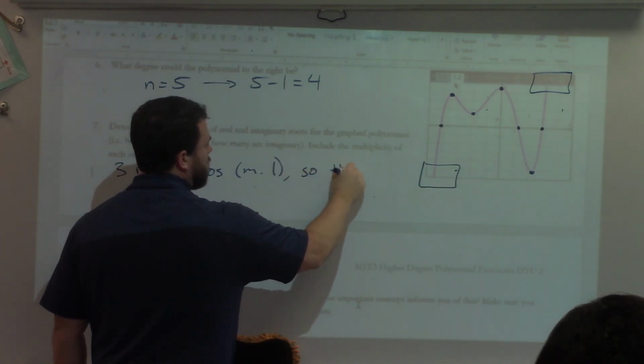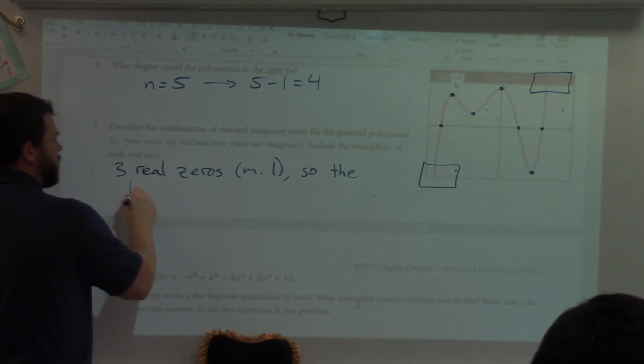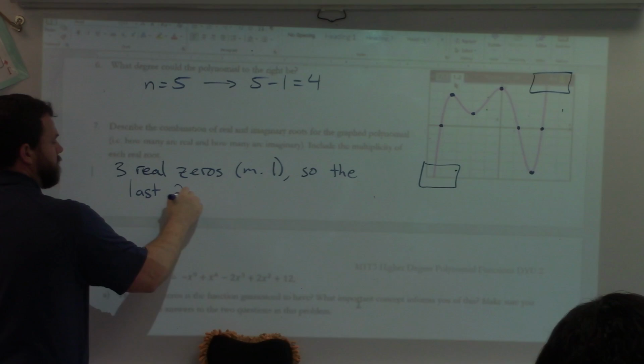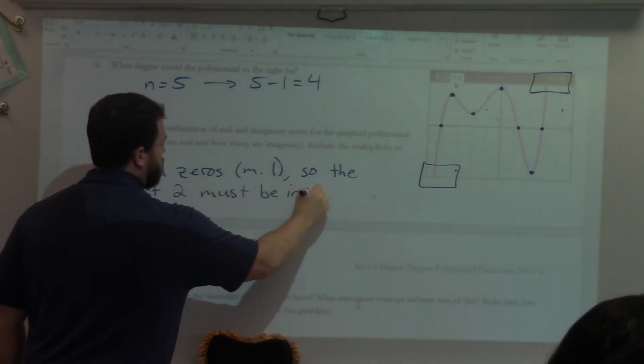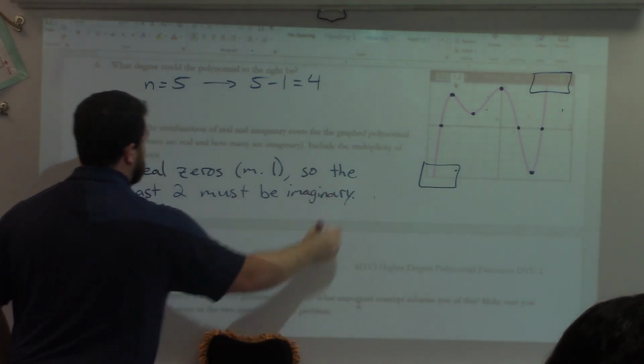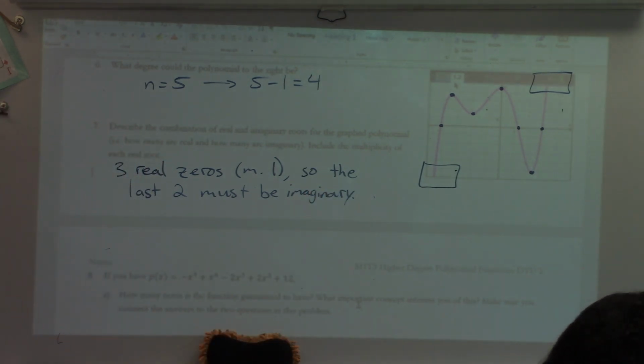So the last 2 must be imaginary. If there's 3 zeros and I'm saying it's 5th degree, there have to be 5 zeros, and that's what we got.